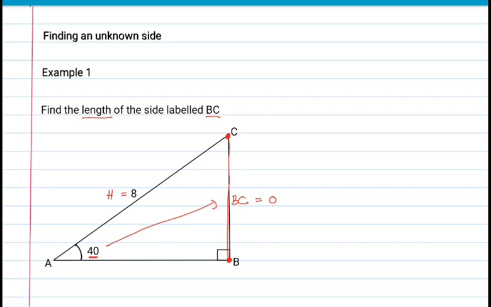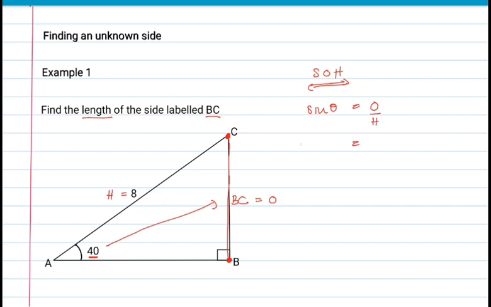Here we have the opposite and the hypotenuse, so we go to where we have SOH. This is the formula that we're going to be using. For SOH, it will be sine theta is equal to opposite over hypotenuse.